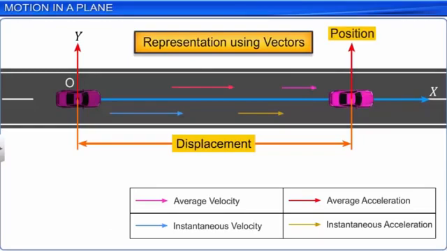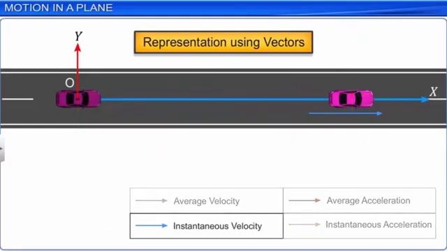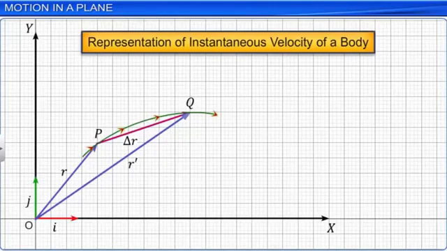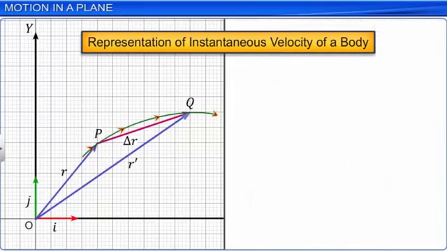Next, let's discuss the representation of instantaneous velocity or velocity of a body using vectors. Consider the same body moving along a curve in the xy plane. Instantaneous velocity or velocity is limit delta t tending to 0, delta r by delta t, which is equal to dr by dt.